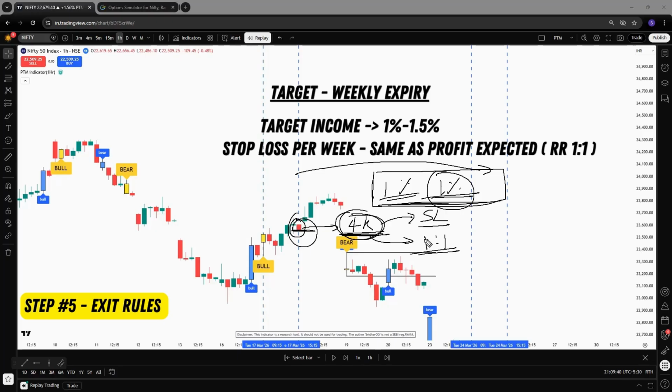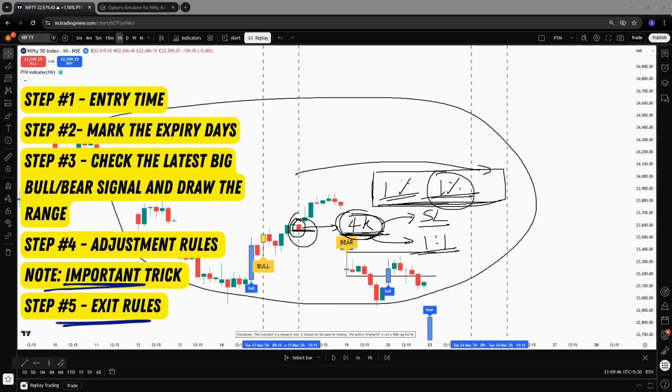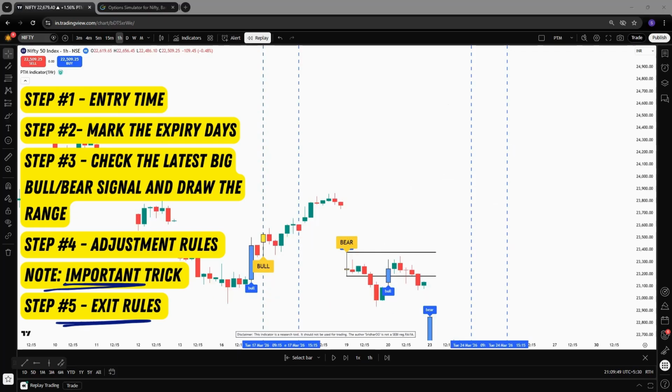All right. This is very, very important. Learn this method. Of all the rules and notes I've told you, the most important part is the last two: the SL rules and exit rules, and also the adjustment if there is an opposite small signal in the pivot range.